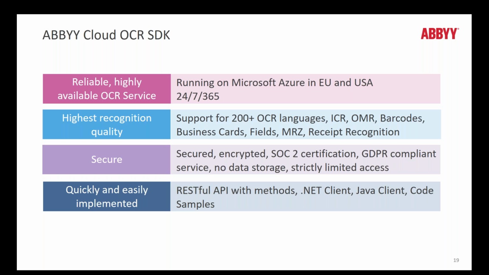You can go on the service page. I will show the address immediately, where you can see all the descriptions, availability history, how we handle the data, how we handle the documents.